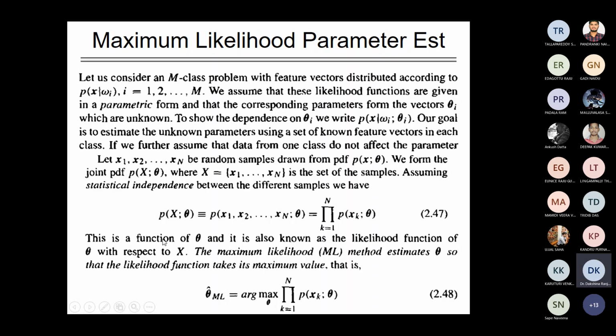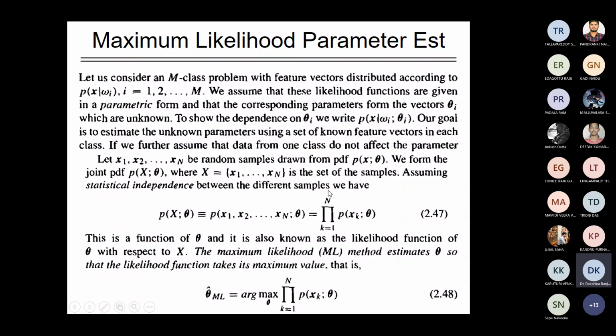So we can write the probability of capital X parameterized by theta as the probability p of x1, x2, up to xn parameterized by theta, which is nothing but the product over the probability of xk parameterized by theta, where k varies from 1 to n.